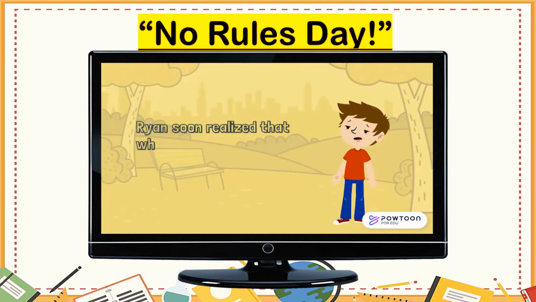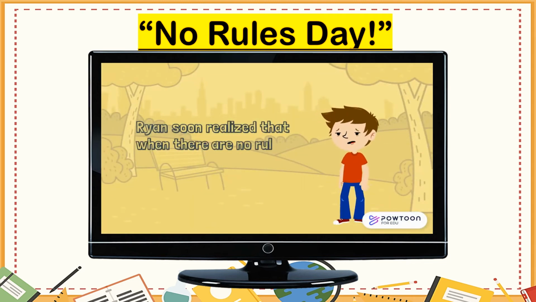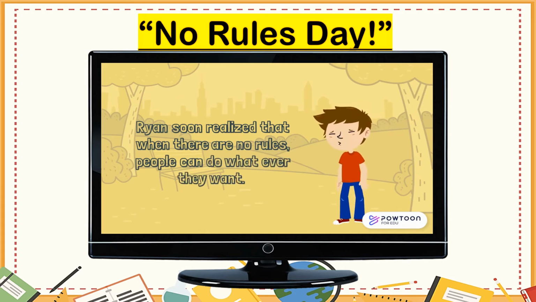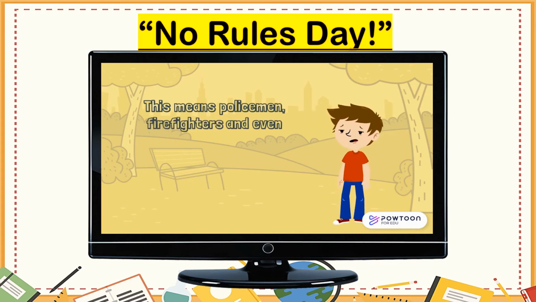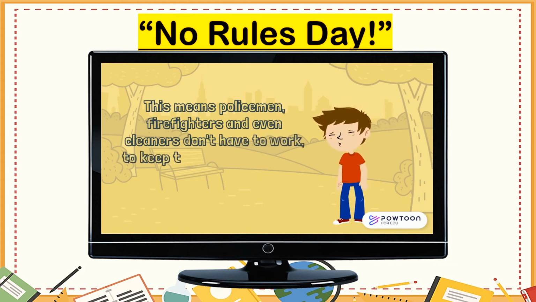Ryan soon realized that when there are no rules, people can do whatever they want. This means policemen, firefighters, and even cleaners don't have to work to keep the world clean, safe, and peaceful.